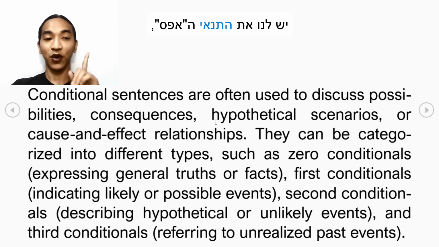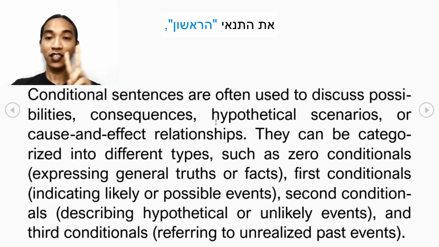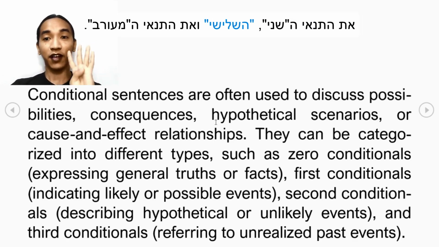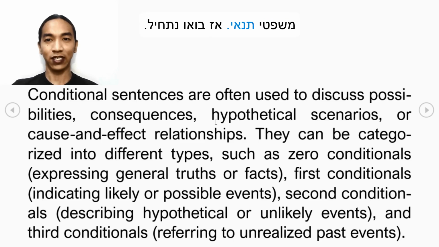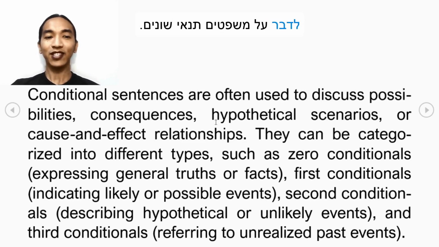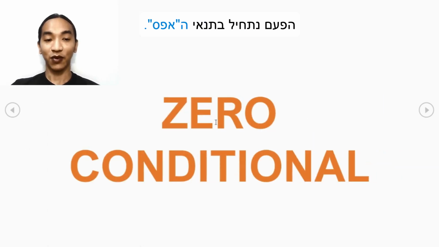We have the zero conditional, the first conditional, the second, third, and the mixed conditional. So we actually have 5 conditional sentences. Let's begin talking about these different conditional sentences. But for this time, we will start with the zero conditional. So what is zero conditional?